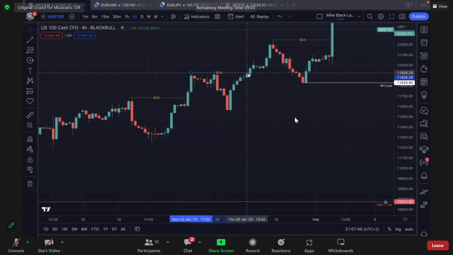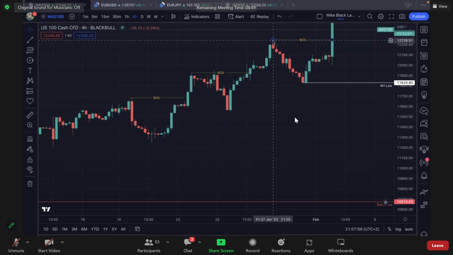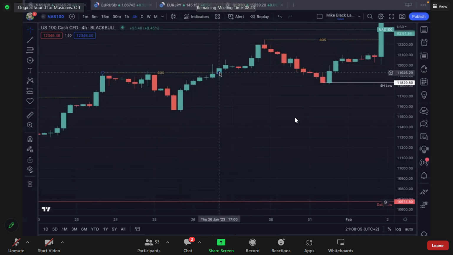Can you see that that even was a liquidity grab? And then they had a full body closure, so then they were creating a new range, which was this. But our break of structure was on this candle, not on this one.